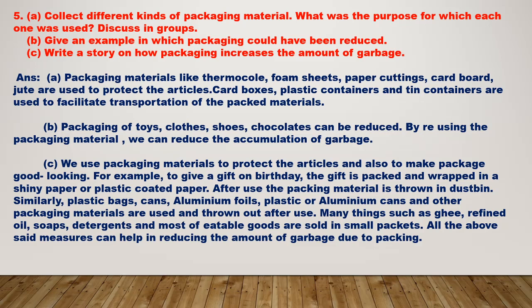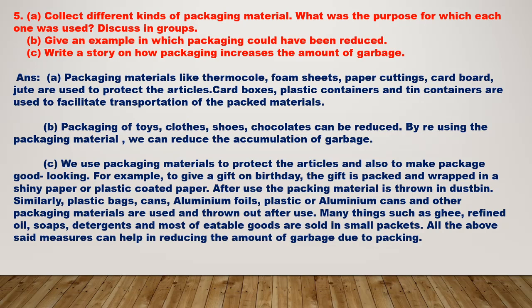Give an example in which the packaging could have been reduced. Packaging could have been reduced for, say, toys, clothes, shoes, chocolates, because they generally don't break if you keep them in a proper way.